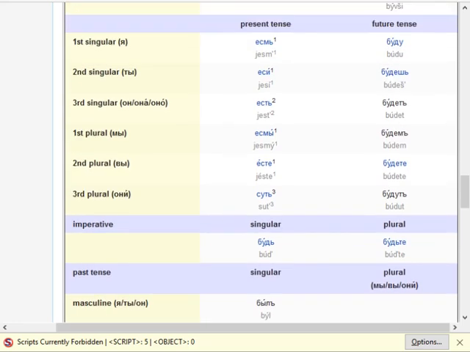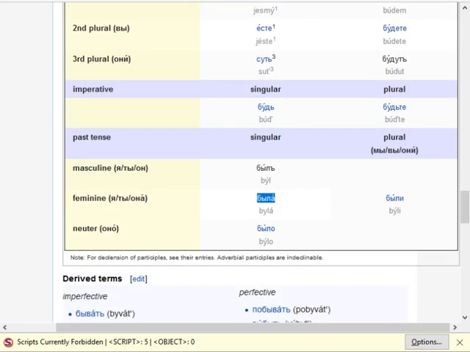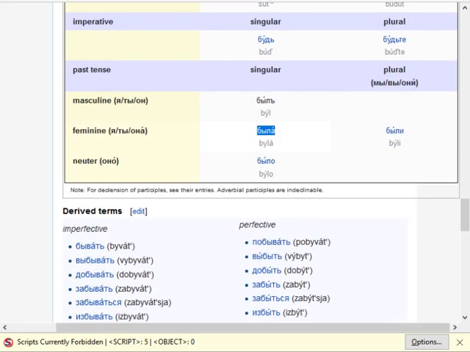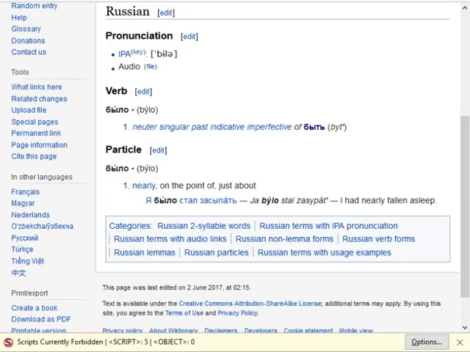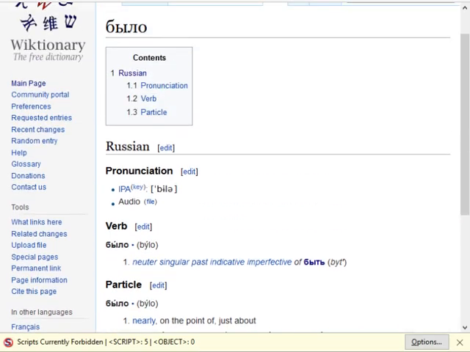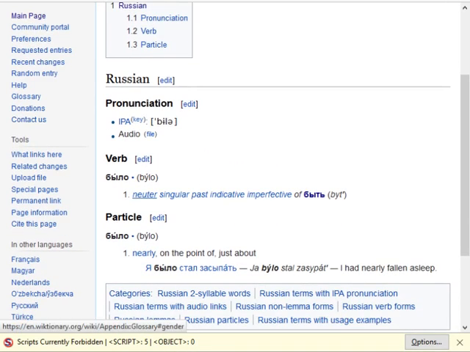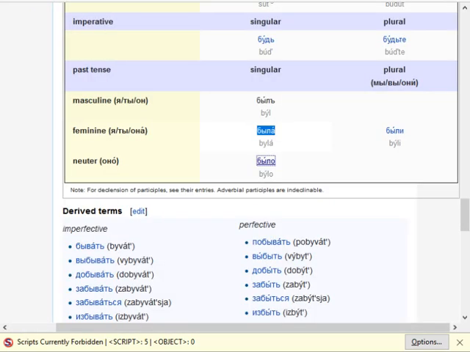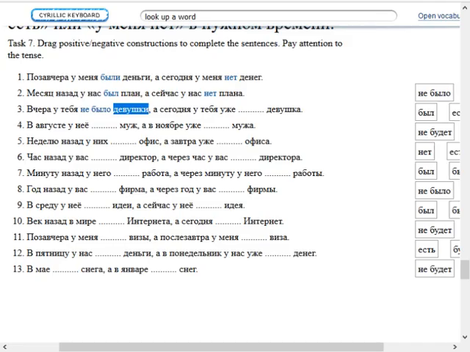Было is only... Quickly look up было here. Yeah, было is only used for neuter nouns. But девушка is not neuter, so that would only make sense if this were a neuter word. But according to the answer key that I have here, it is actually было.